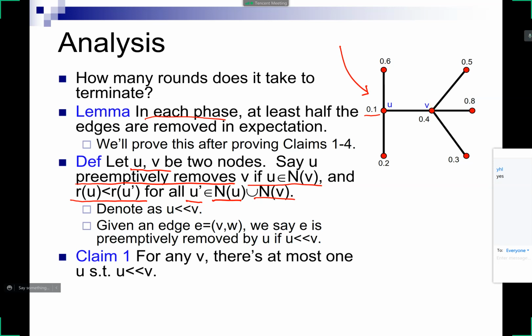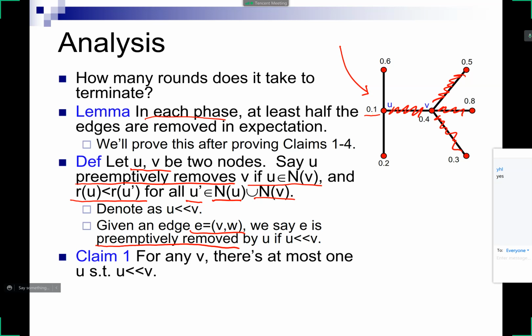That's for the node u removing another node v, but we're also going to define a term where u preemptively removes an edge. If u preemptively removes the node v, then we also say that u preemptively removes all of the edges of v. The idea is that because u here is the minimum value among all of its neighbors, u is going to go into the MIS.